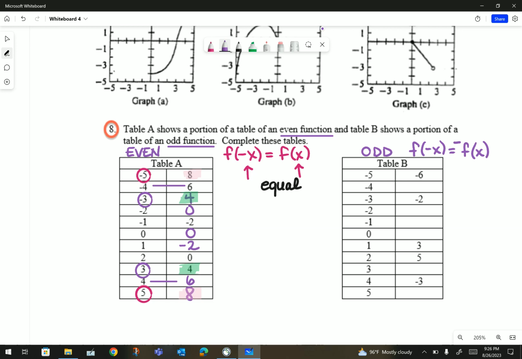So these y values have to be equal and opposite in sign. With that notation, would you go ahead and fill out this table? Go ahead and pause and then come back to me.